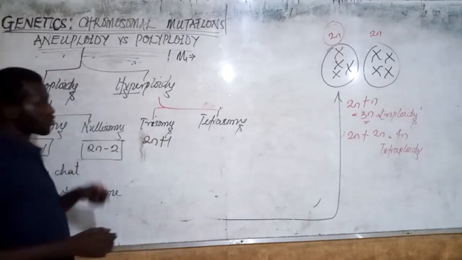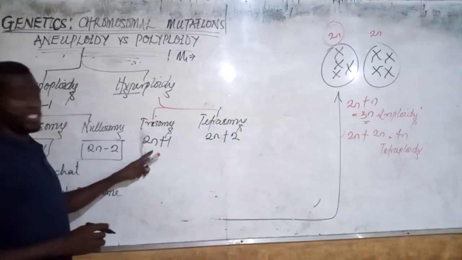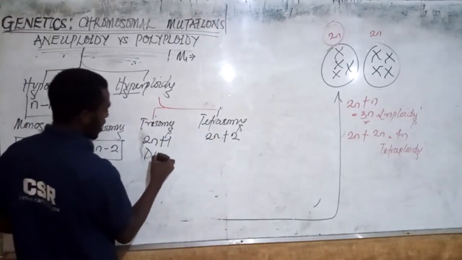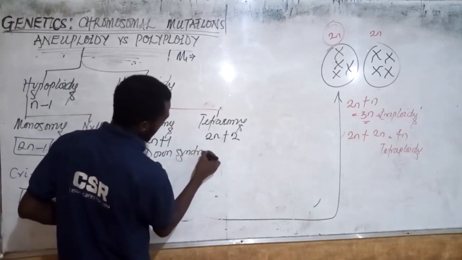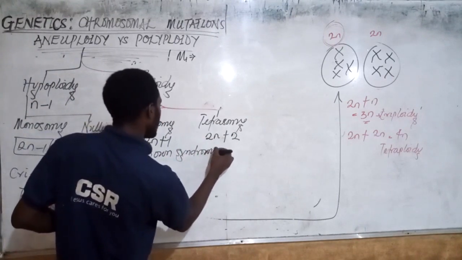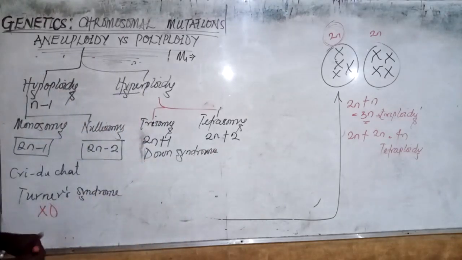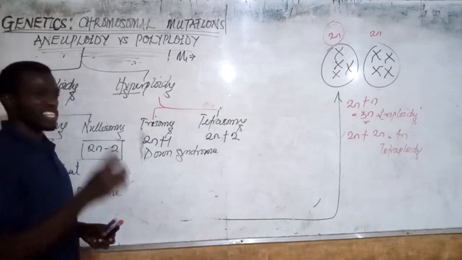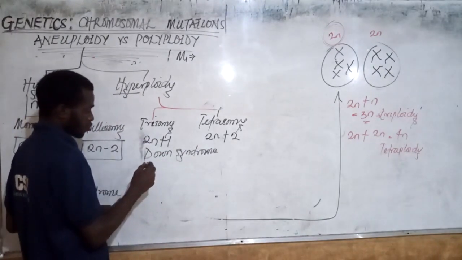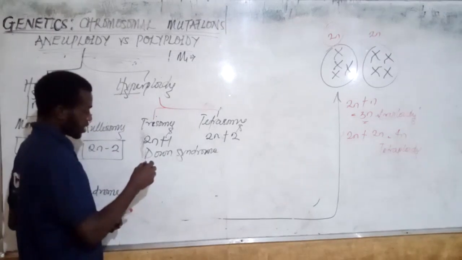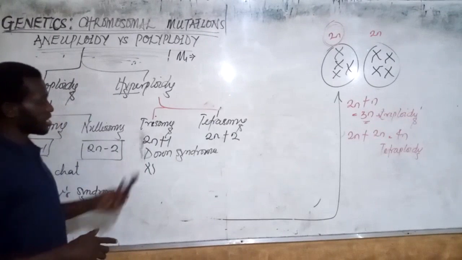That's why it is trisomy. In tetrasomy there's an increase in the number of chromosomes by 2. A typical example in humans is what we call Down syndrome or trisomy 21, which is basically an addition. There is an extra chromosome in chromosome 21, such that instead of having 2 chromosomes in chromosome 21, there is one other extra chromosome. Alright, so that is Down syndrome.